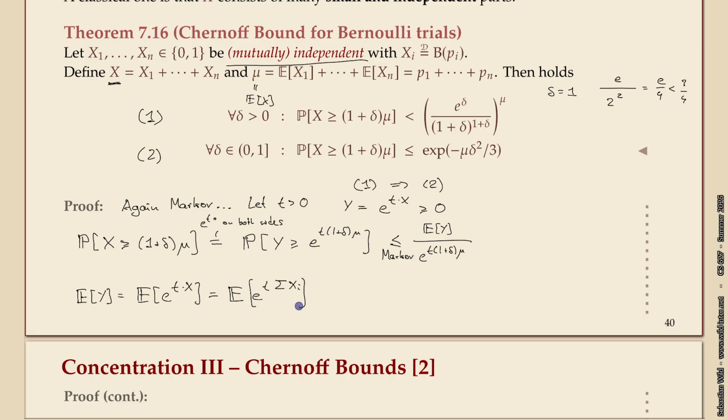Now, here comes the trick. That's an exponential function. We have a sum in the exponent that turns into a product. So the e to the t is in front, and then we have the product of e to the xi.